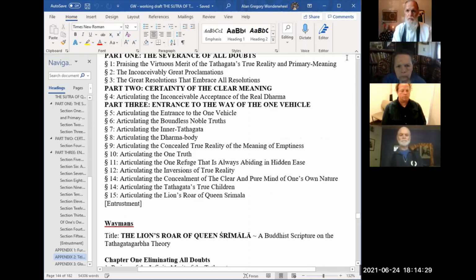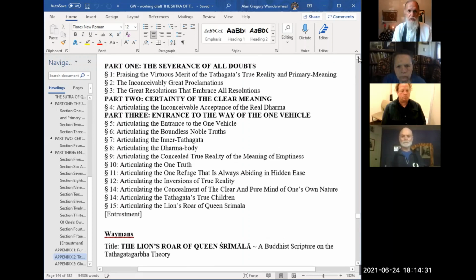The reason I think that's important is because it explains partly why I put these 3 sections together in part 1, because these are the 3 praising sections.